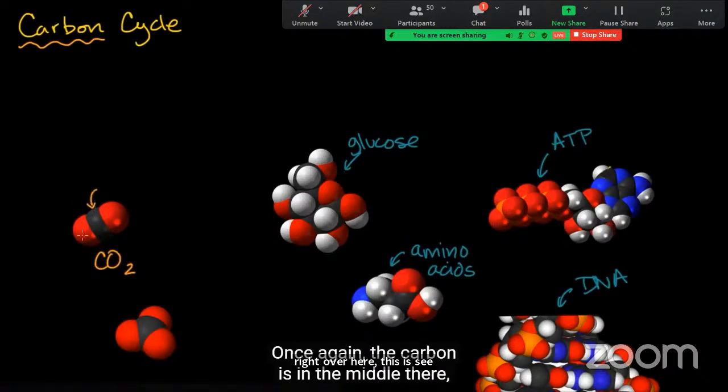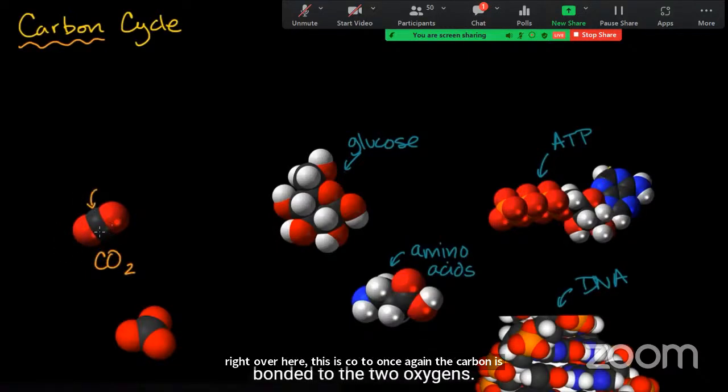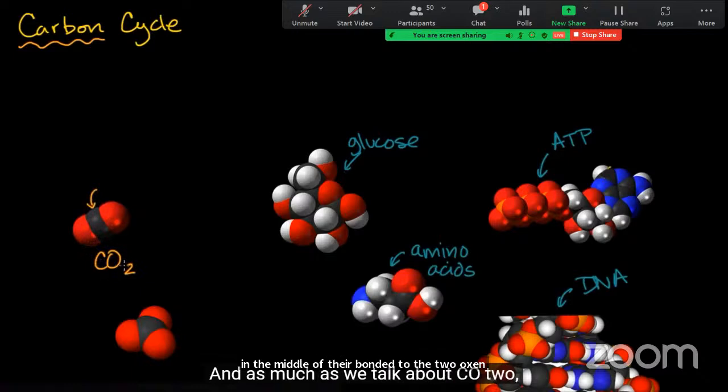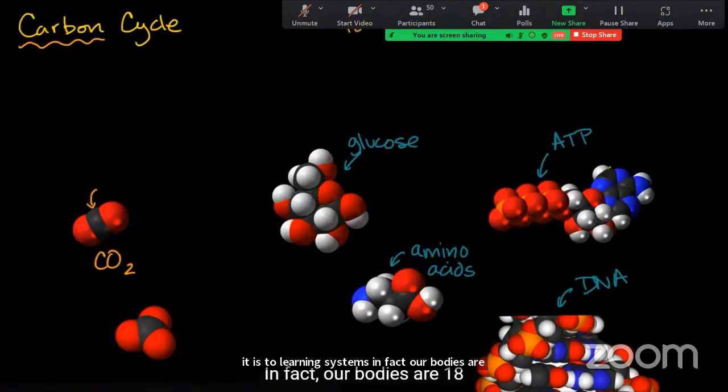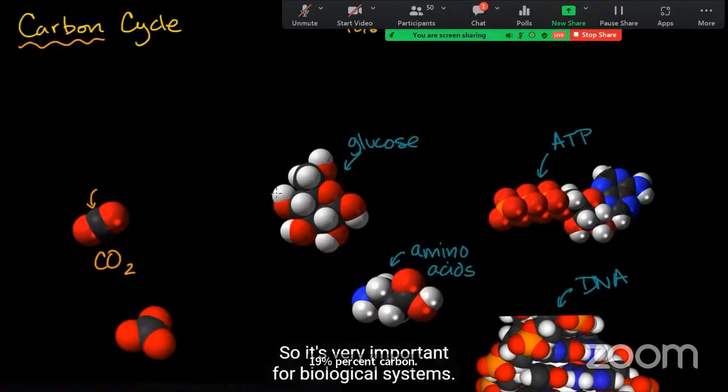Once again, the carbon is in the middle, bonded to the two oxygens. And as much as we talk about CO2, and as important as carbon is to living systems, in fact, our bodies are 18 to 19% carbon by mass. So it's very important for biological systems.